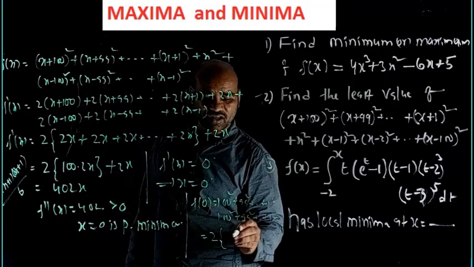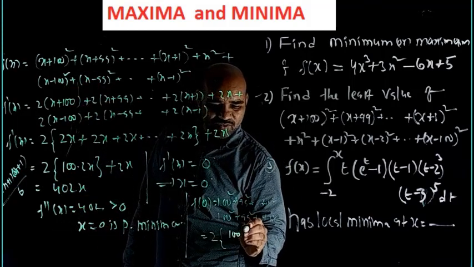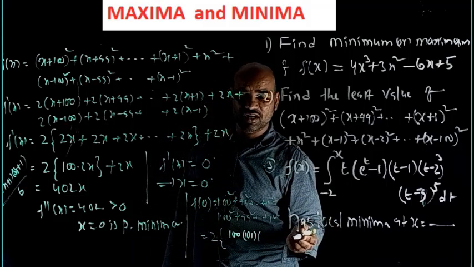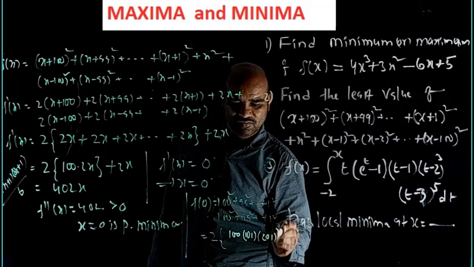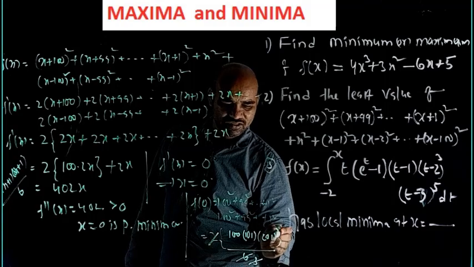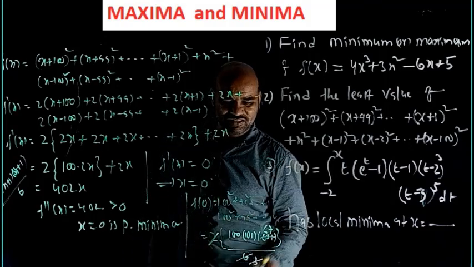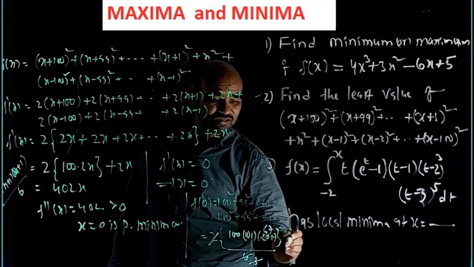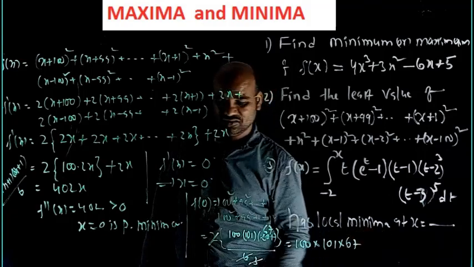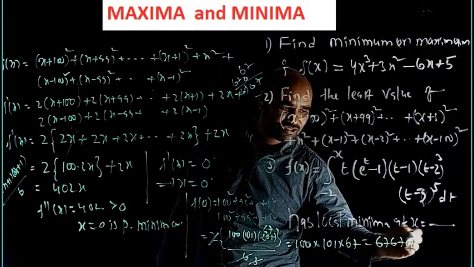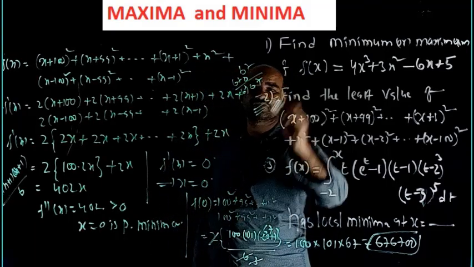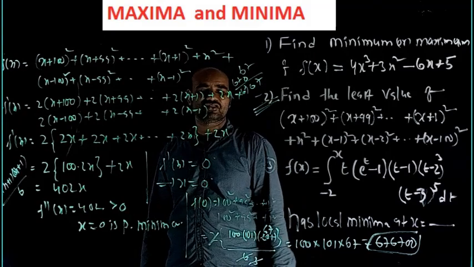So here n stands for 100: 100 into 101 into 201 by 6. 2 ones are 2, 3 sixes are 18, 67 sevens are 201. So now 100 into 101 into 67, which gives 676700. This is the minimum value of this expression. That minimum value occurs at x equal to 0.